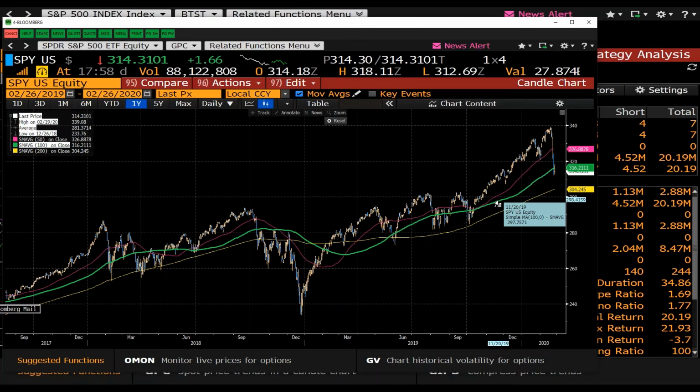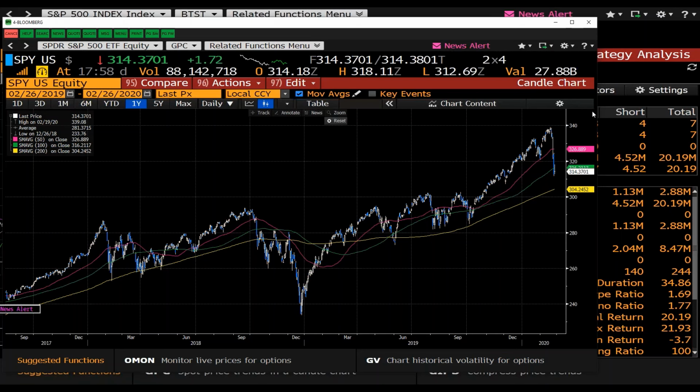And after that, what we look at is, okay, what's my risk appetite? If my risk appetite allows me to take more risk, then I'm very happy to take the trade as long as the price crosses below this particular moving average, the 50-day moving average.